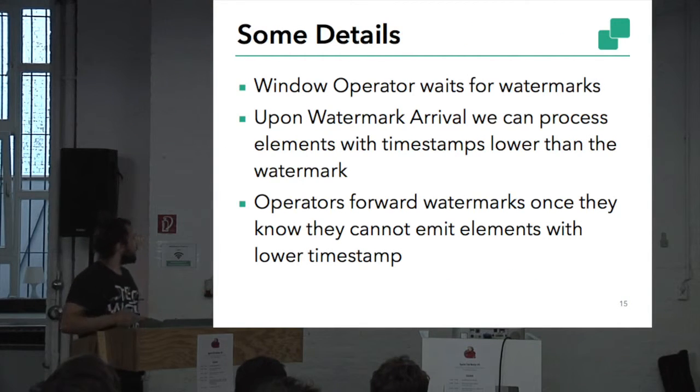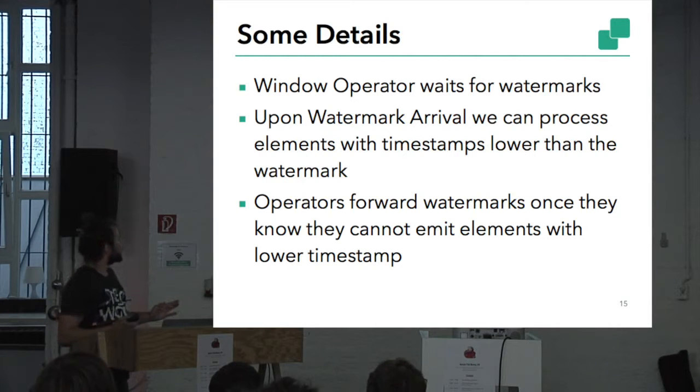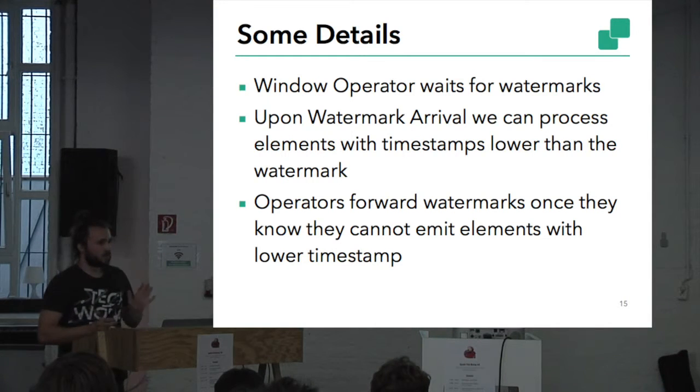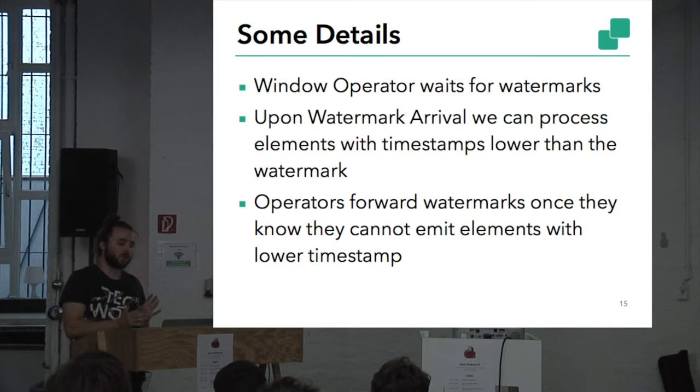And what the operators now do is they have to buffer the elements somehow and store their timestamps. And then they wait for these watermarks. When they get a watermark, they can process the elements for which the watermark tells the operator that no element with an earlier timestamp can arrive in the future.